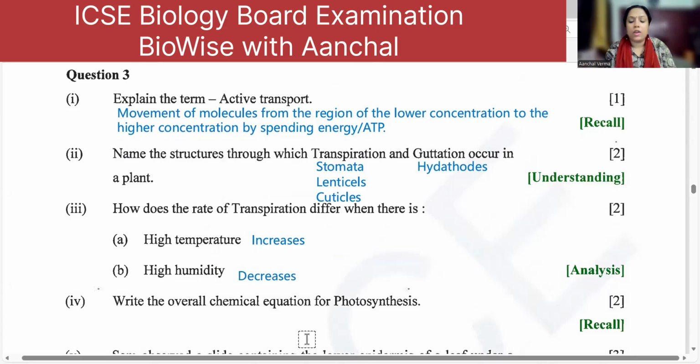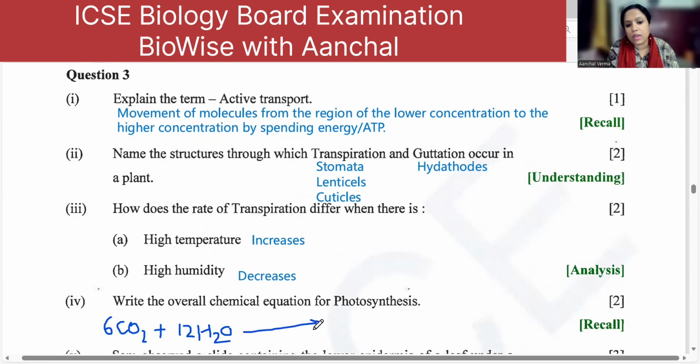Okay. Write the overall chemical reaction of photosynthesis. Now, for the photosynthesis reaction, you should write 6 molecules of carbon dioxide plus 12 molecules of water. Now, children, I cannot write so well, but I hope a photosynthesis video is already there, so you can have a look. You have to write this.